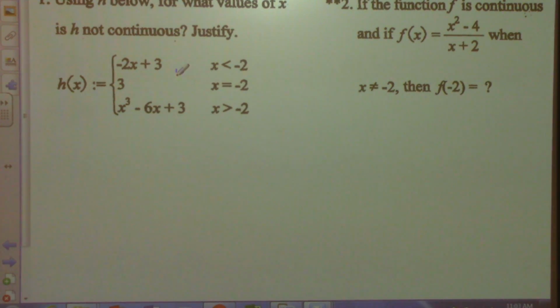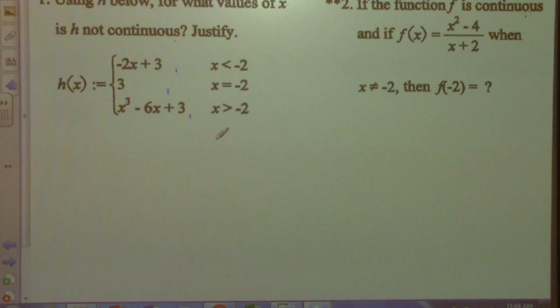H of x is negative 2x plus 3 where x is less than negative 2. H of x equals 3 where x equals negative 2. And finally, h of x is x cubed minus 6x plus 3 where x is greater than negative 2.